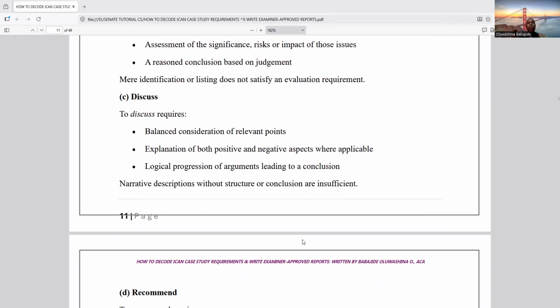Then to discuss: when you see discuss, what does the examiner want from the student? They want balanced consideration of relevant points. They want you to pick a relevant point and have a balanced consideration of it, with explanation of both positive and negative aspects where applicable.